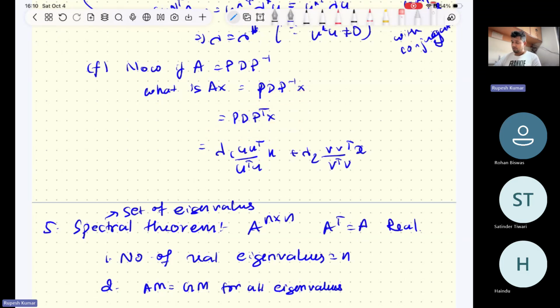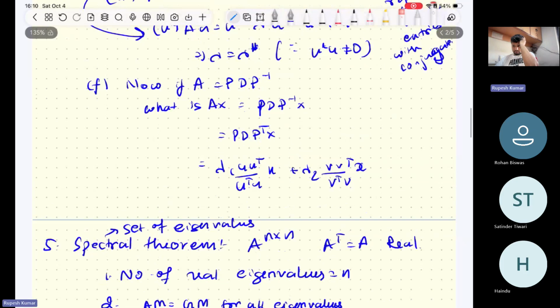Now you just expand this product PDP transpose times X. Let's say it was a 2 by 2 matrix, and your P matrix contained the elements U and V as its column vectors.